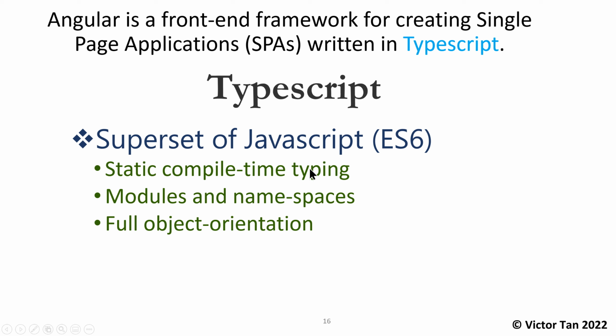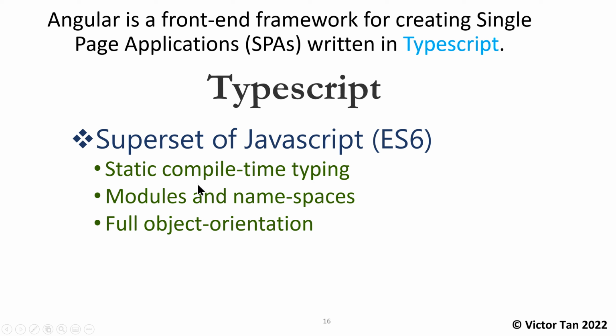Okay, now if you come from a language like C# or Java, that sounds really weird, but that's how JavaScript works. So TypeScript kind of tries to make JavaScript a normal language, normal in the sense that it resembles the other more popular languages like C++, C#, Java, Python, and so on. So static compile time typing is a feature in TypeScript that tries to make JavaScript a properly typed language.